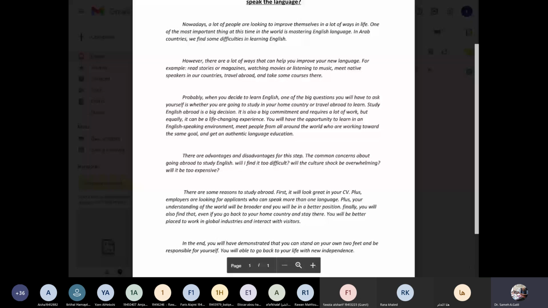So again, let me remind you of the things that we do. What is it that we're doing? We're going to look from afar in order to decide on what type of writing we have. Is it a paragraph or an essay? And if we believe it's an essay, we need to establish what type of essay it is.